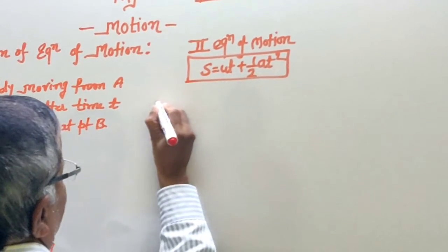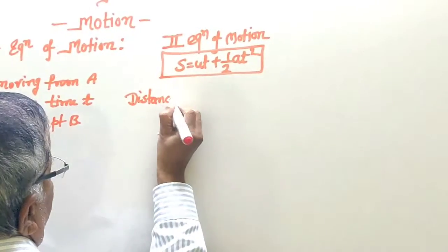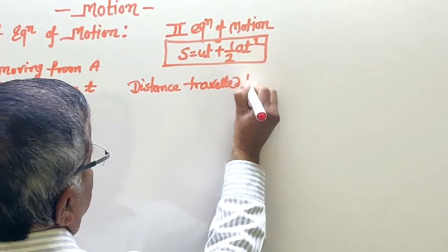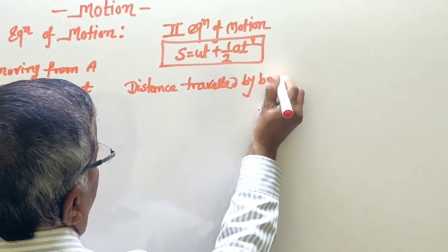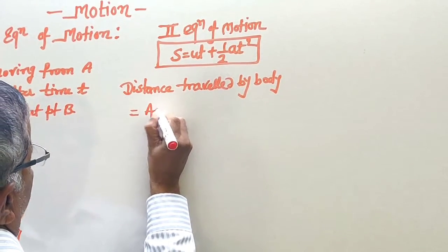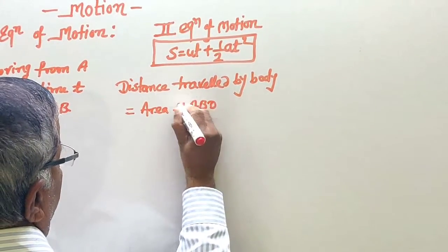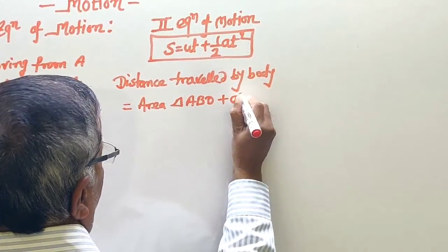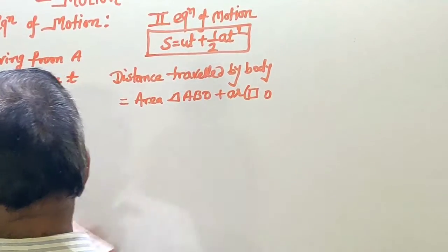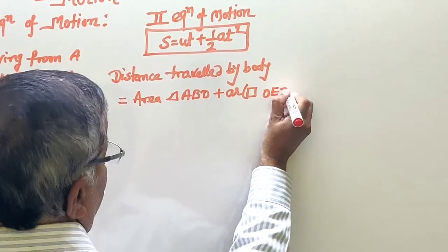For this I will take the distance traveled by the body, which is equal to the area of triangle ABD plus the area of rectangle, where I am considering this point as E, OEDA.